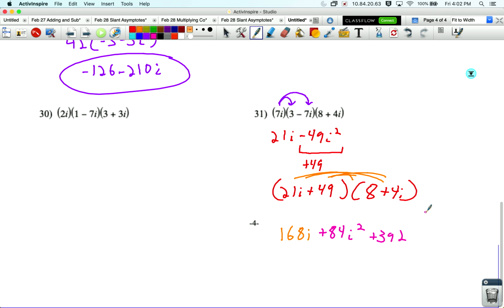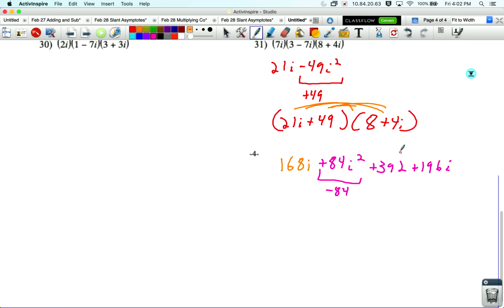And last 49 times 4, 196i. This here is going to become a -84. I'm going to bring the real parts to the front. So -84 plus 392 is a 308. And then the 168 plus 196 is a 364i.